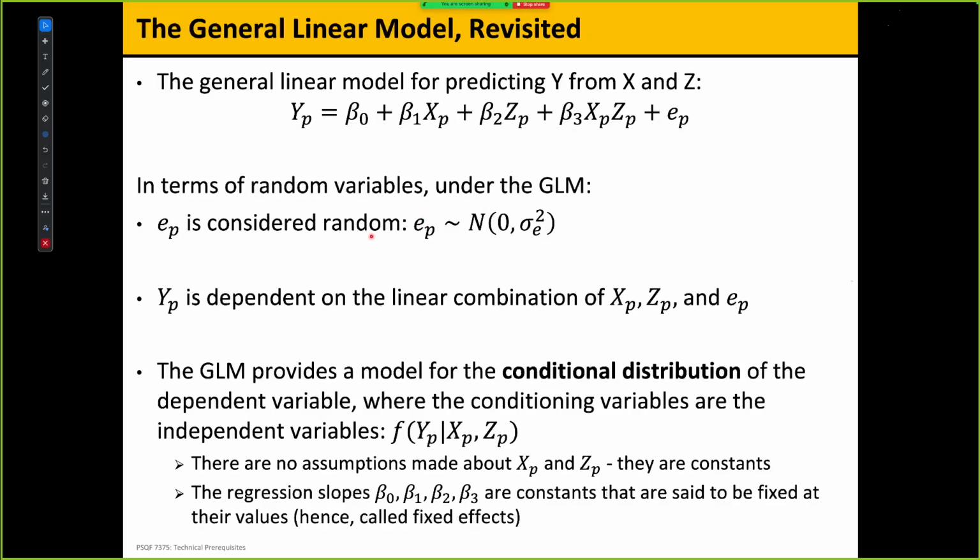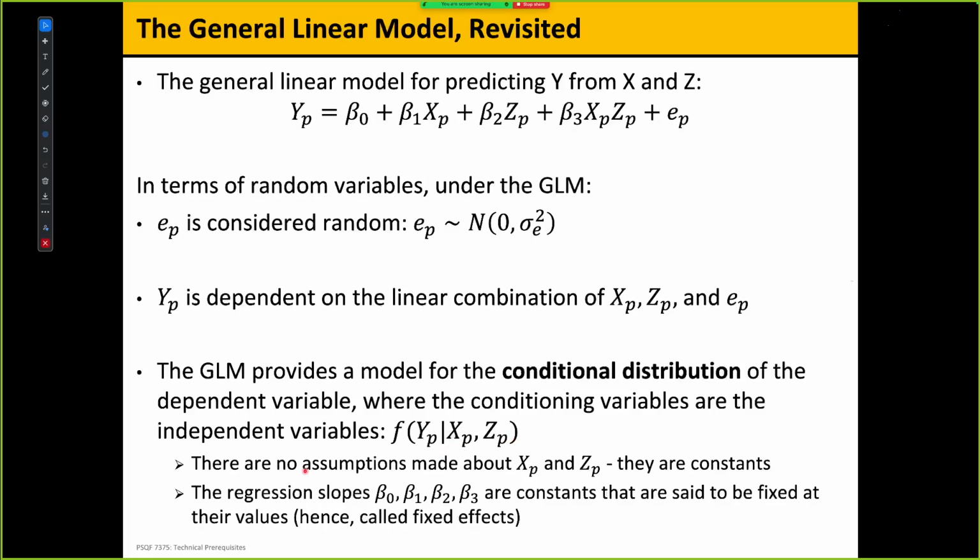Literally right here, we wrote it down. So y for a person is dependent on the linear combination of x, z, and error, and technically the product of x and z. So what the GLM is providing is a model for the conditional distribution of the dependent variable y, where the conditioning variables are the independent variables x and z.